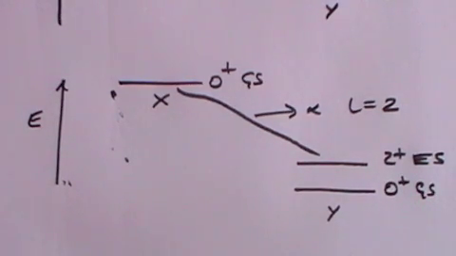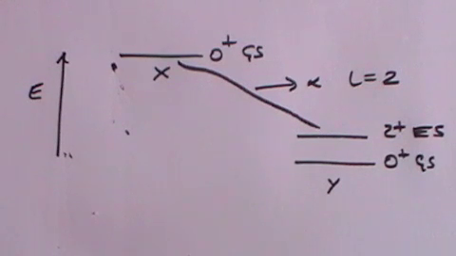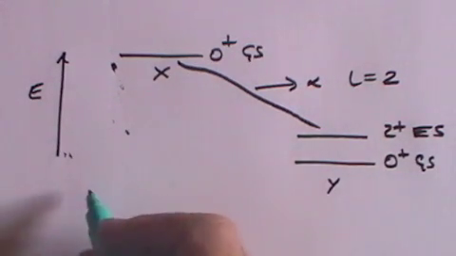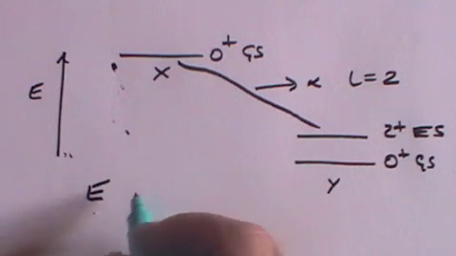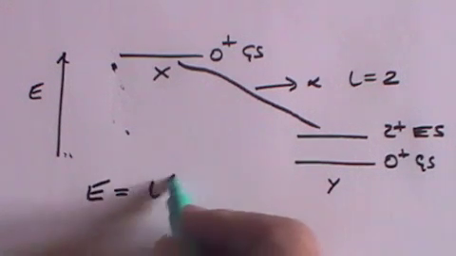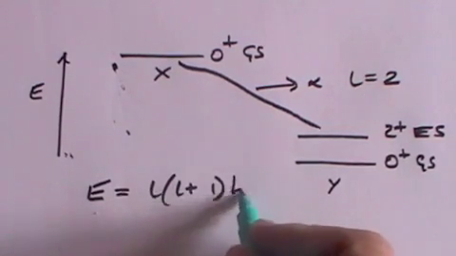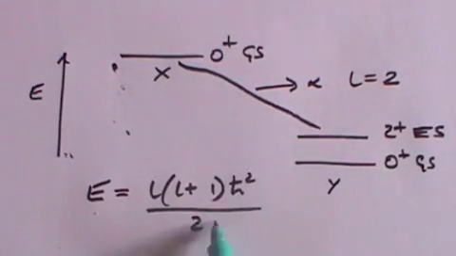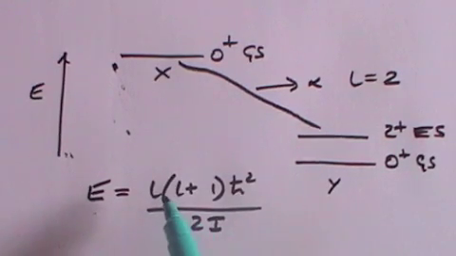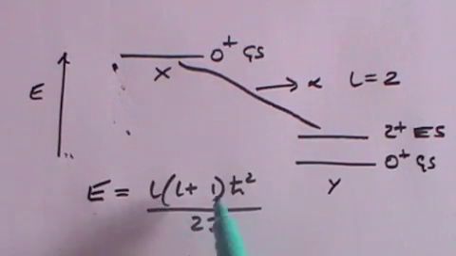But if you remember from the video we did on the collective model, when we were talking about rotational nuclei, we looked at the classical sense and we considered rigid rotating objects. And we said that they have an energy, and that energy is equal to L into L plus 1 h bar squared over 2I, where, well, actually normally it would be L squared, the angular momentum squared.